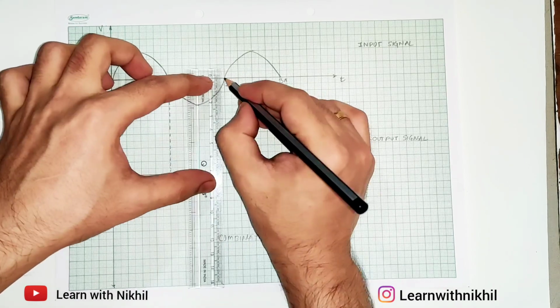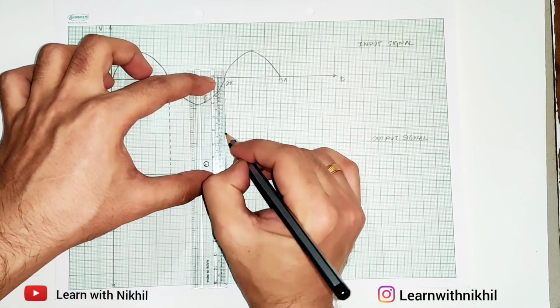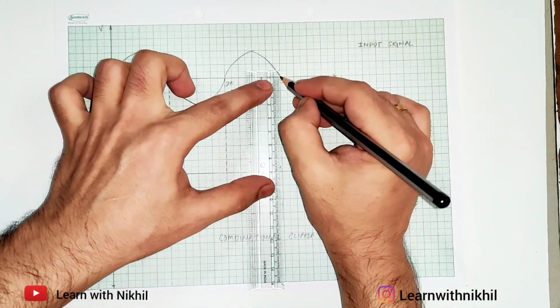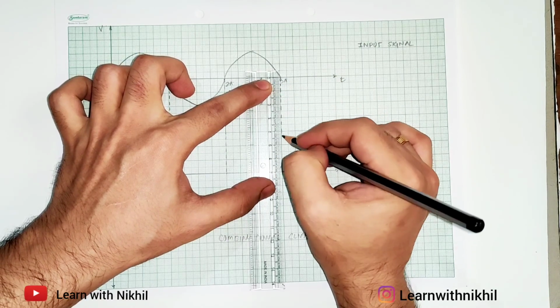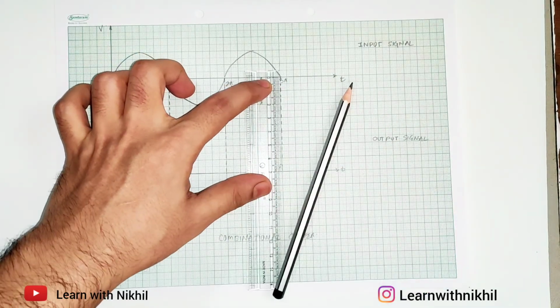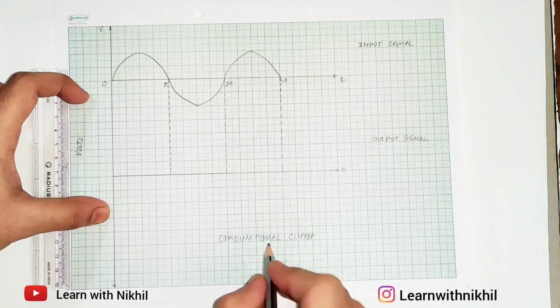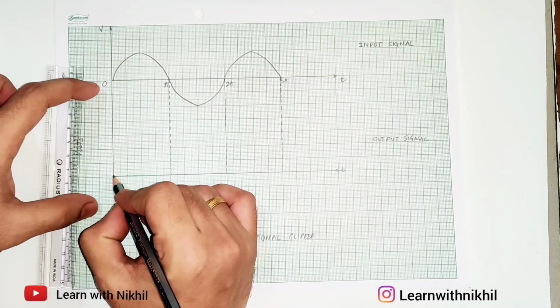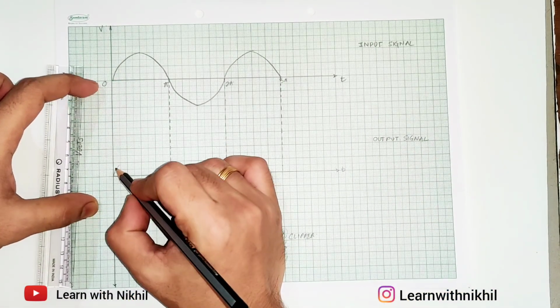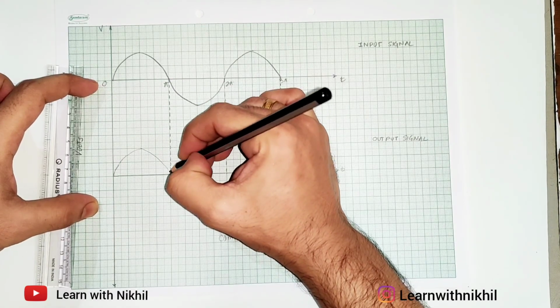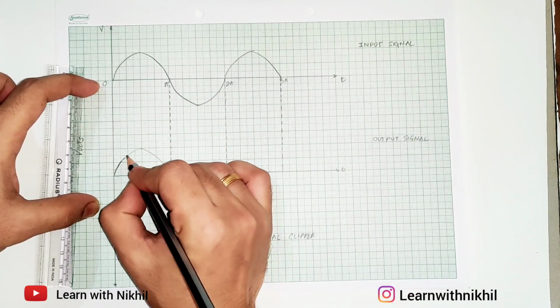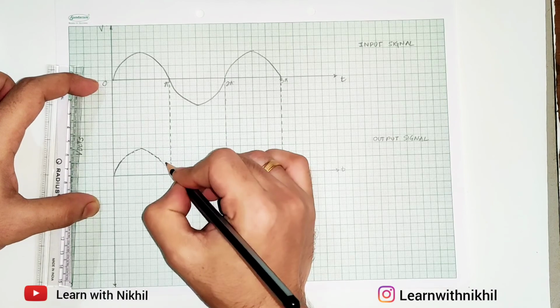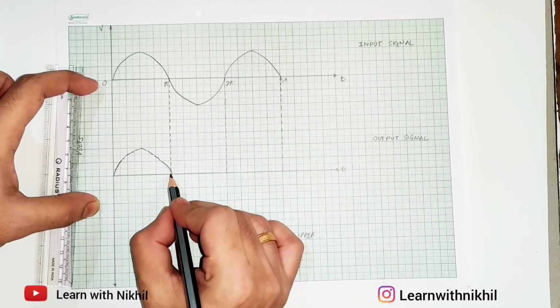Now in the combinational clipper, as you know, both the positive and negative peaks are clipped, and we can adjust them. I'll draw this lightly and then I'll draw it dark. This part will be dotted as it is clipped.